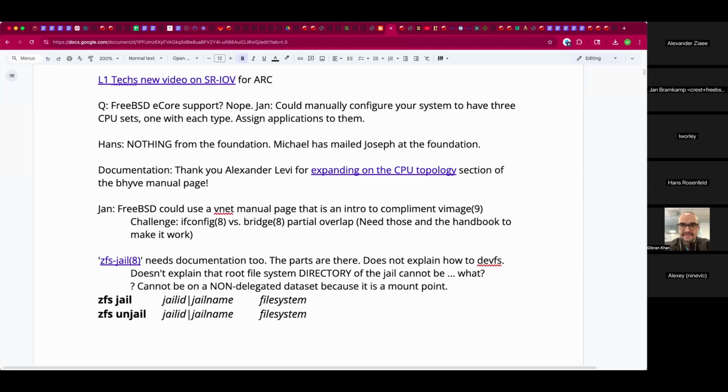One complete idea, a caveat section that explains that the root directory of the jail cannot be delegated to the jail with this utility. That is a complete atomic change, and we should get that in the tree while we are so able. We may not be so able. Repeat it then. Cannot be what? The root directory of the jail cannot be delegated to the jail with this utility.